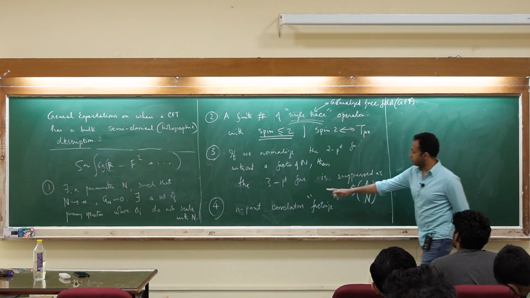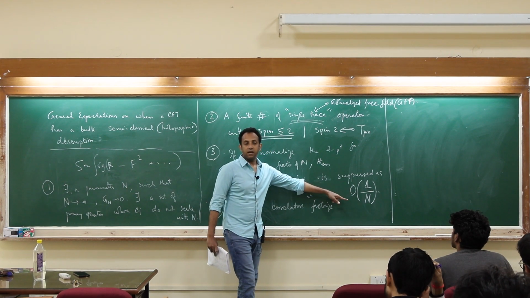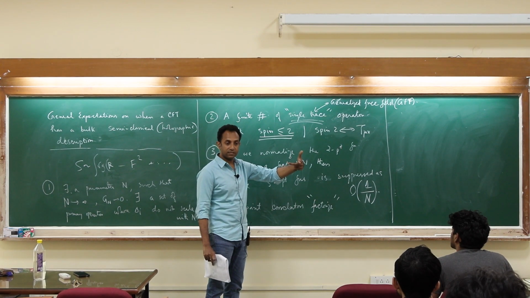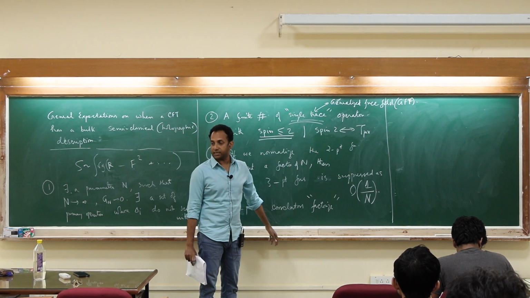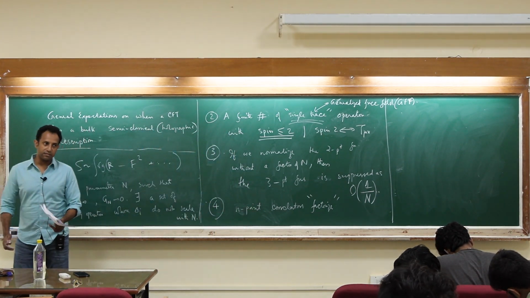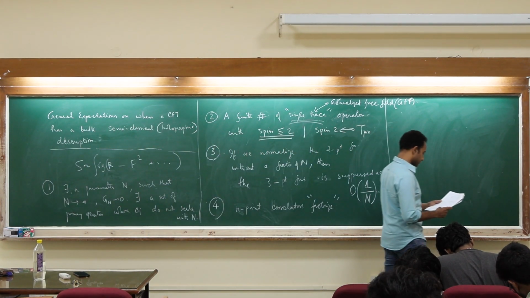That's consistent with what I wrote here. So the 3-point function is suppressed by order 1 over n, but the 4-point function will be a sum of products of 2-point functions. That's what Wick's theorem is, again up to order 1 over n corrections. So factorization means precisely Wick's theorem up to 1 over n corrections.